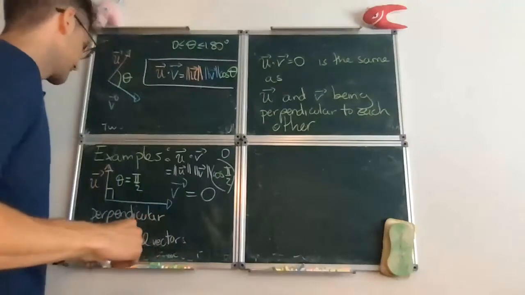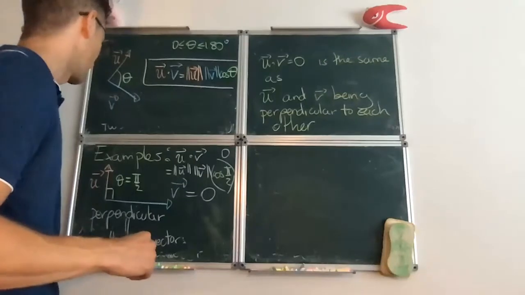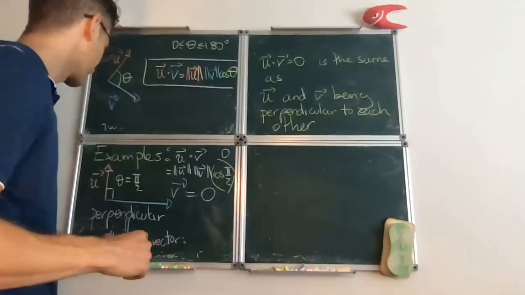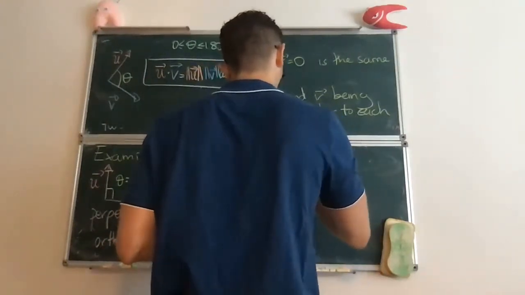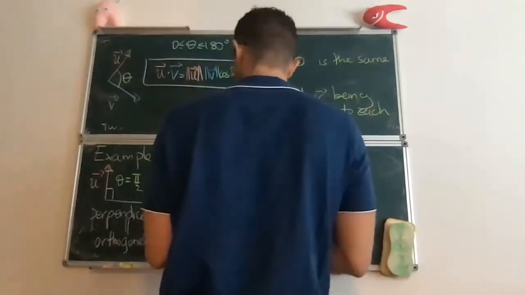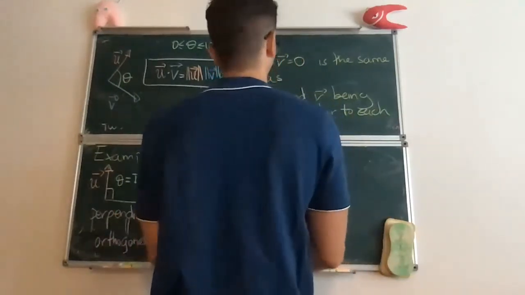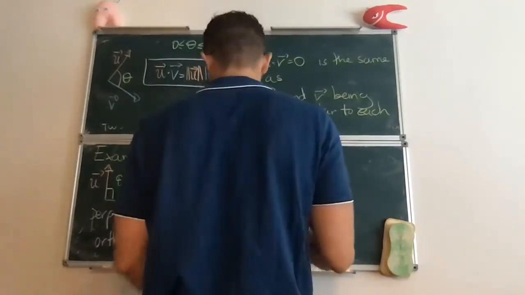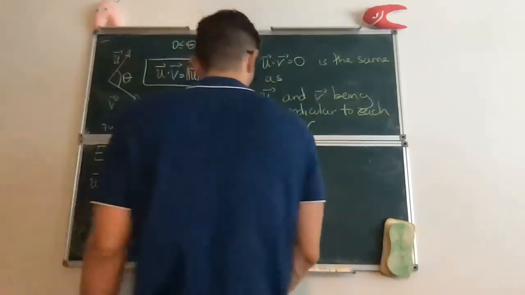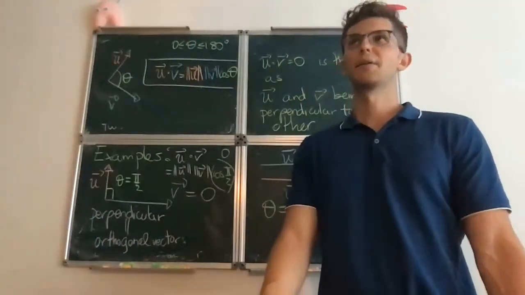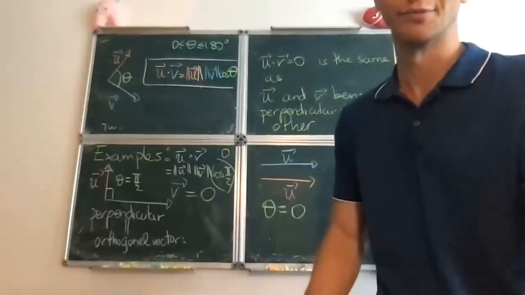The other case, which is useful to keep in mind, is what happens when the vectors are the same. So when the vectors are the same, the angle will be 0.